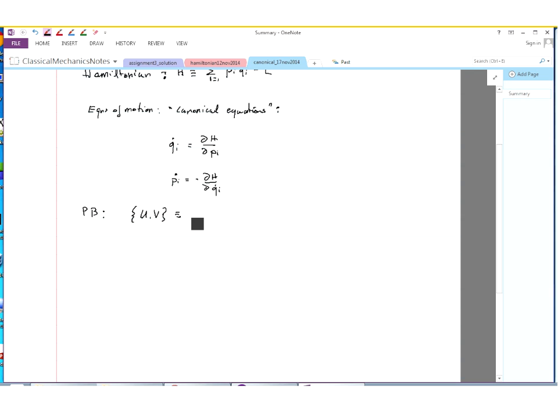And that was defined to be the sum from i equals 1 to n, the number of degrees of freedom, of ∂u/∂q_i times ∂v/∂p_i minus the other way around, ∂u/∂p_i times ∂v/∂q_i, where u and v are functions of the q_i, p_i, and potentially t.